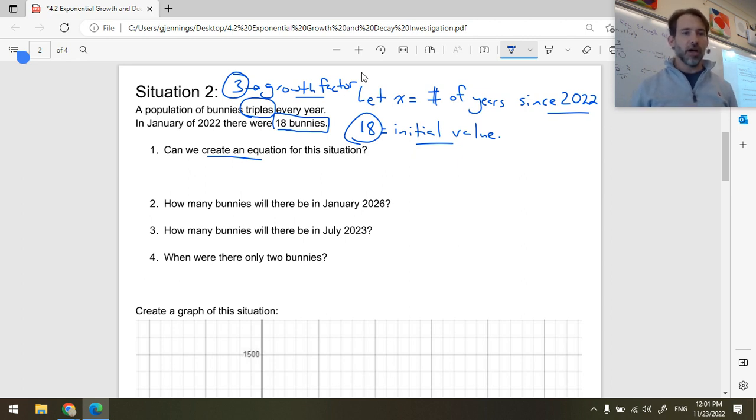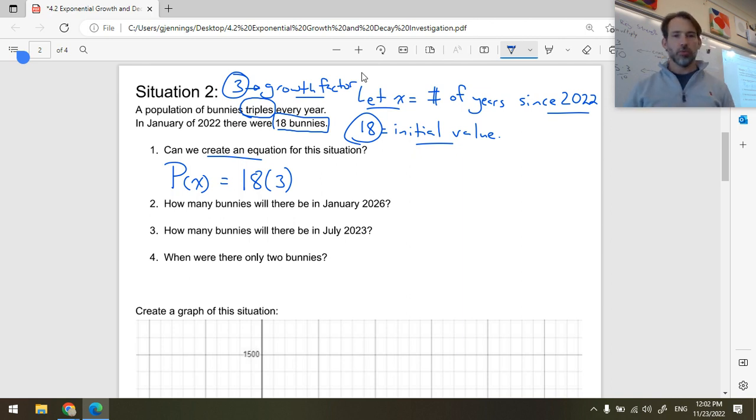First, we can say that the population of bunnies is a function of time going on. And because we've said let x be our time, then a function would be read like this. Population is a function of time. And it's equal to, well, I know I want to start with 18 bunnies, and I'm going to be multiplying that by 3 every time a year goes by.